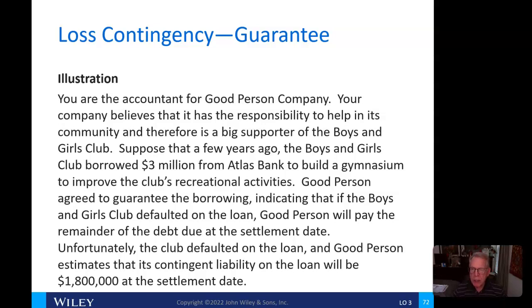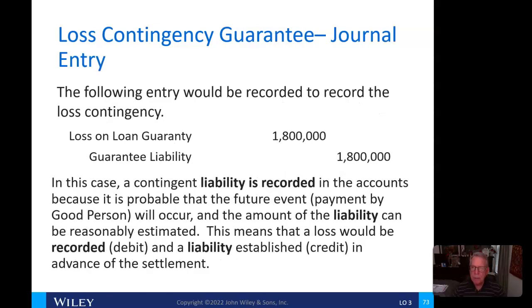Good Person agreed to guarantee the borrowing, indicating that if the Boys and Girls Clubs defaulted on the loan, Good Person will pay the remainder of the debt due at the settlement date. Unfortunately, the club did default on the loan, and Good Person estimates that its contingent liability on the loan will be $1.8 million at settlement date.